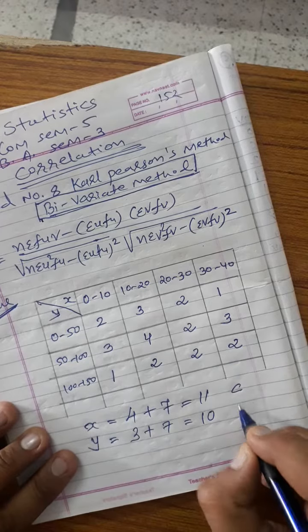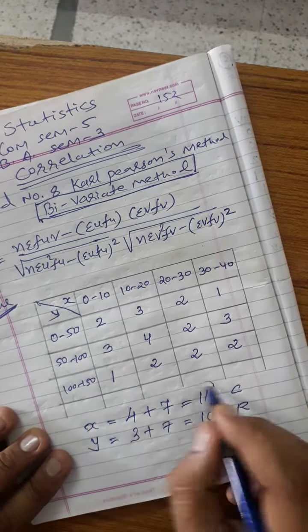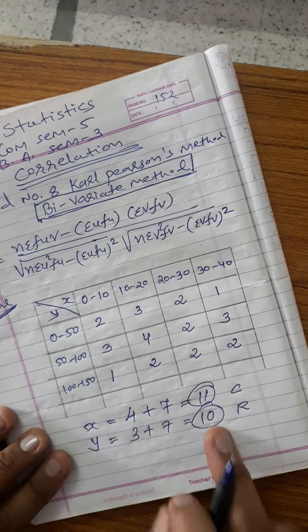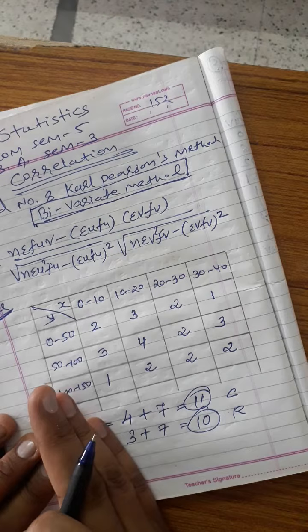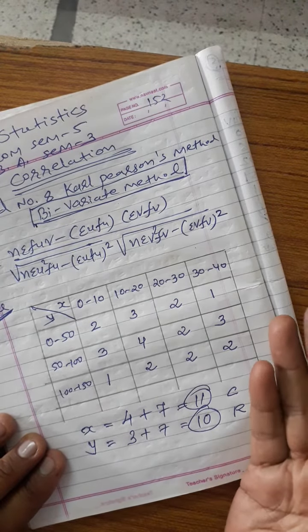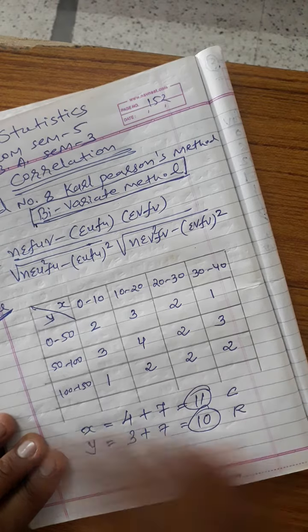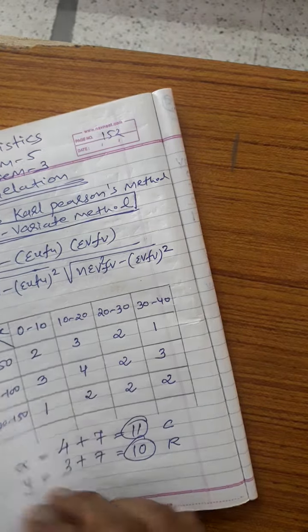Okay, so first you decided on an 11 by 10 table. You can also draw an 11 by 11 table, not any problem, any row or column. So first we draw the 11 by 10 table.